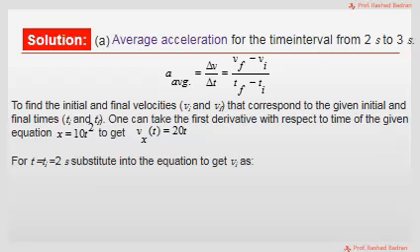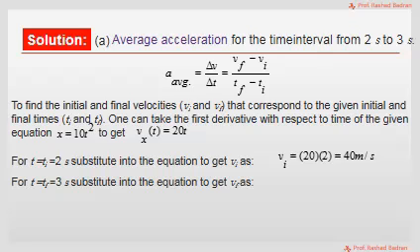To do that, you just substitute the initial time of 2 seconds into the latter equation in order to get an initial velocity of 40 meters per second. Likewise, for the final time, when you put it in the equation, you get an answer for the final velocity of 60 meters per second.